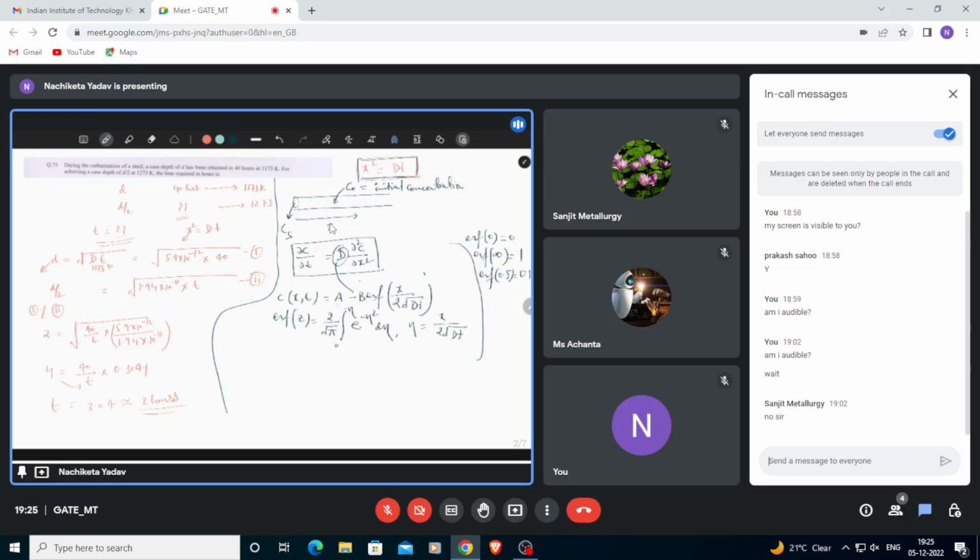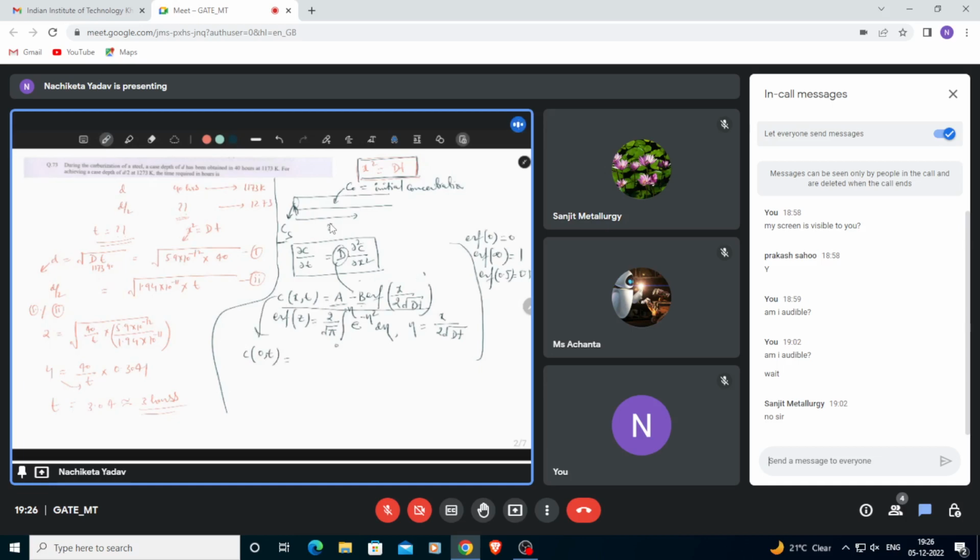So here we have to calculate the A and B values. What will be the A and B value? When x is 0, after time t, what will be the value of this? Can you tell me?